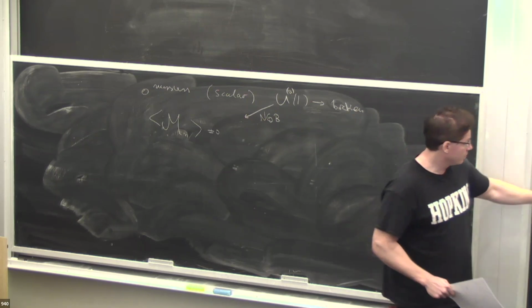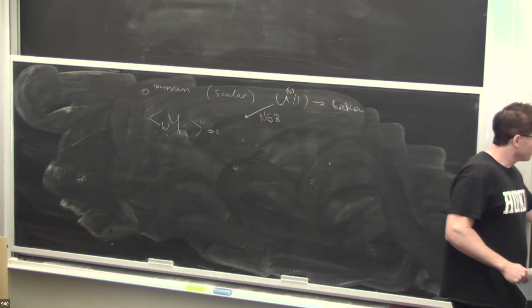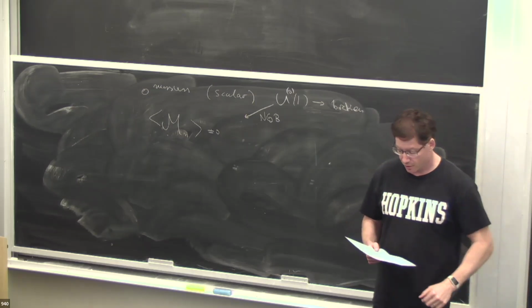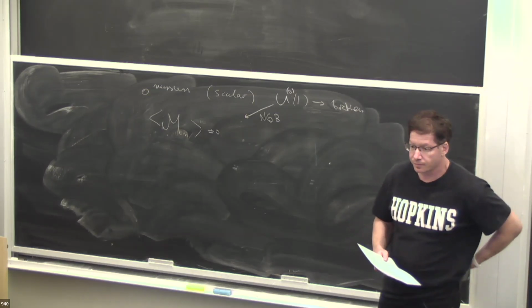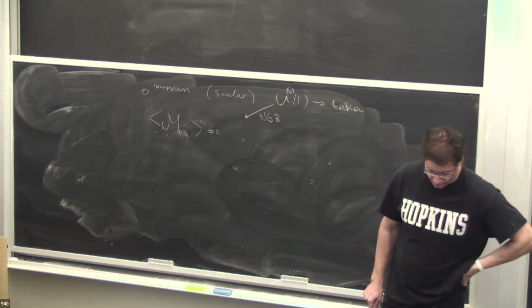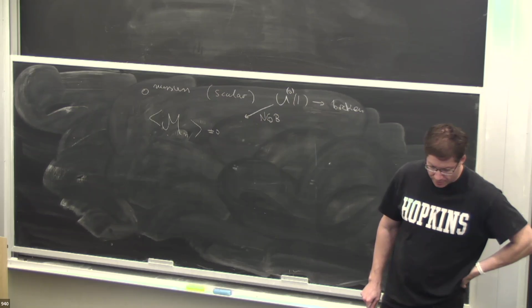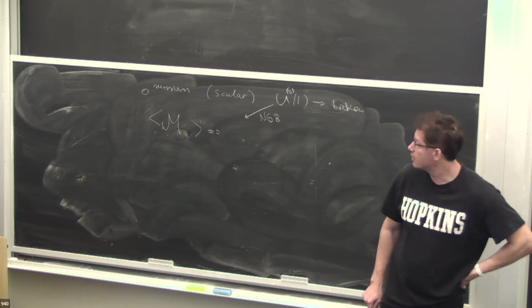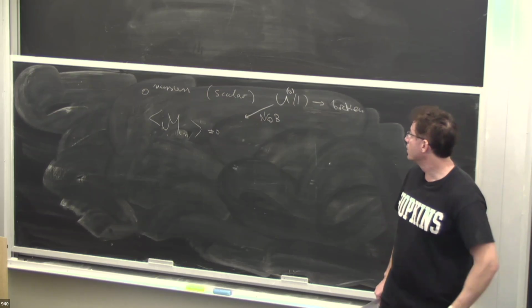If I would like to think about the U1 as a low energy theory coming from a non-abelian gauge theory, like SU2 broken down to U1, how would these words go there?